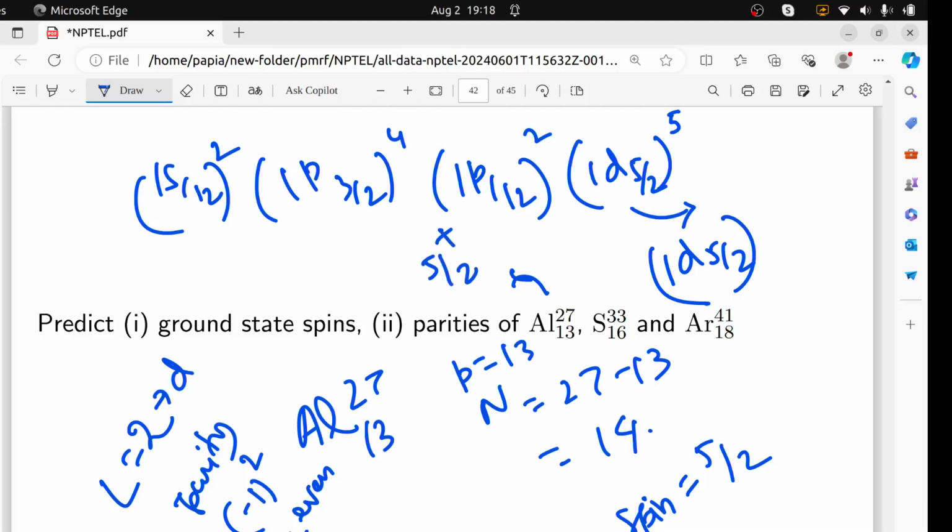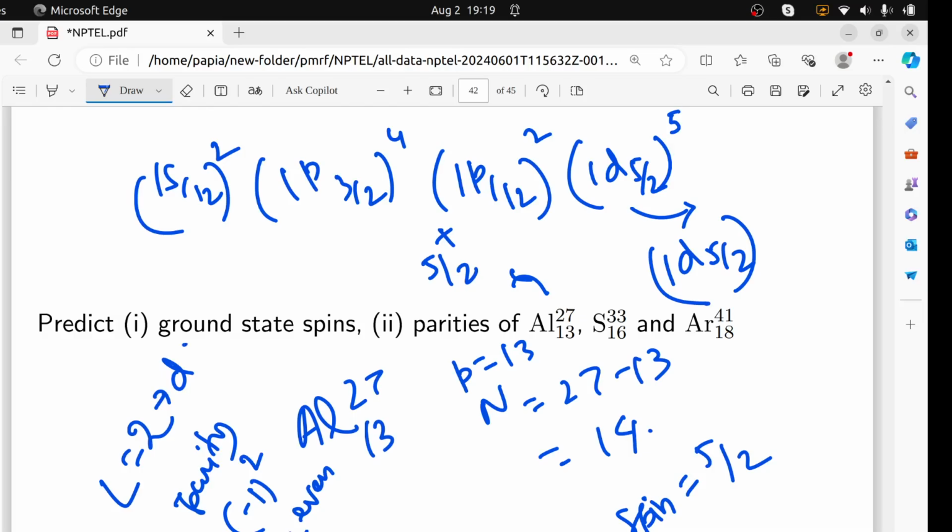One more thing: if the question does not mention ground state, excited state, or first excited state, that means they are asking you the question for the ground state only.